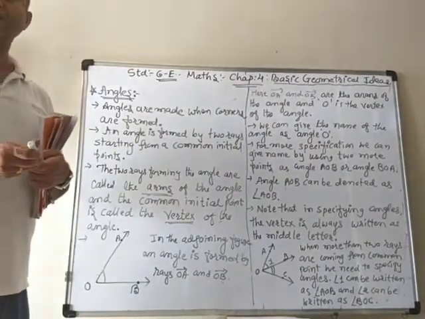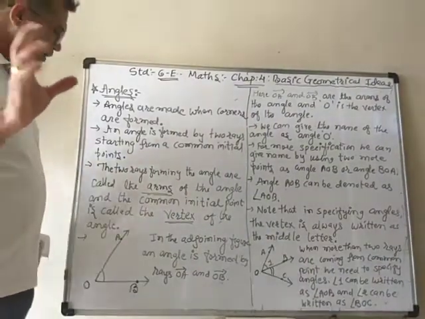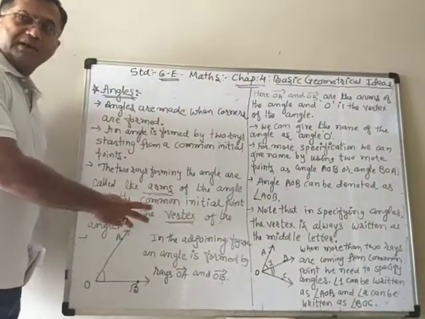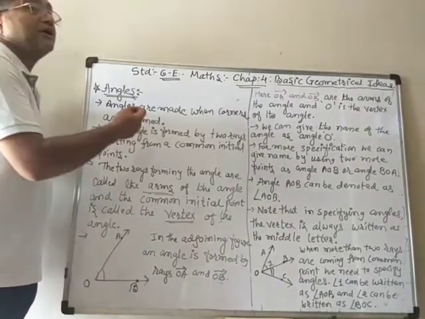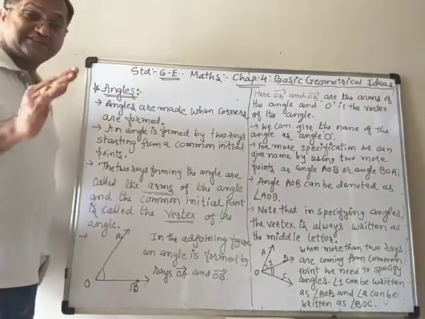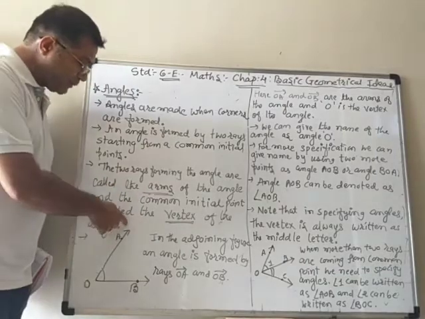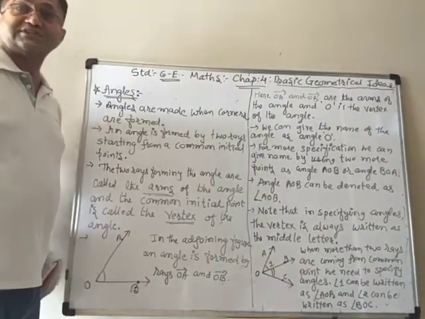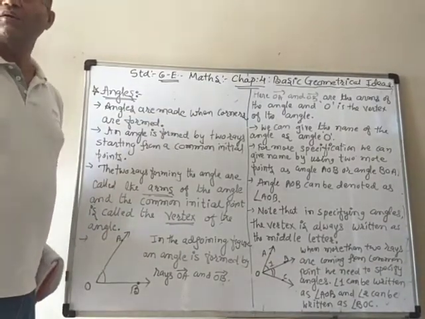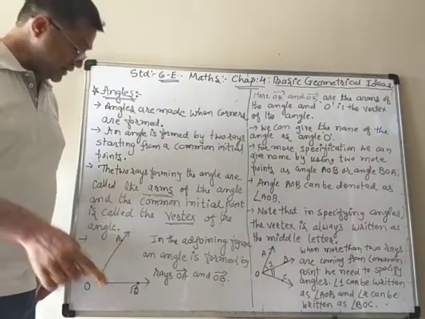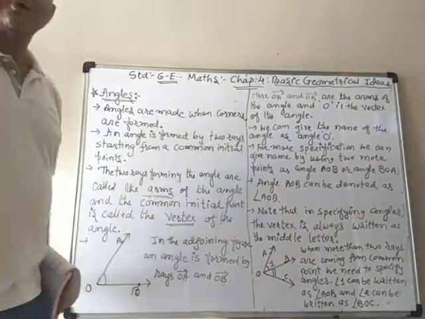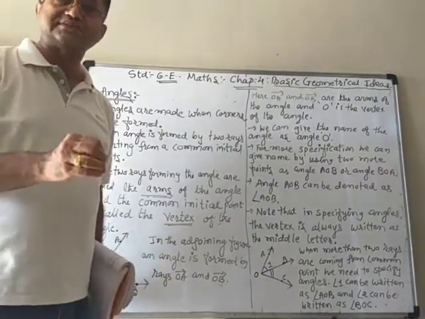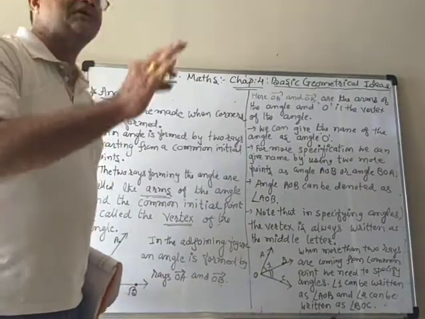You can start from either side. It is not necessary that you give the name only from this side or only from that side. Just be careful that O, the common point or the vertex, must be in the middle.